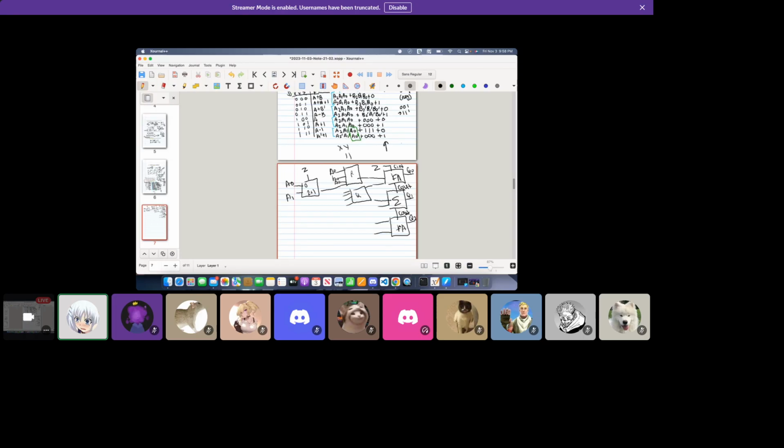So it will follow this part. But when Z is 1, it will take the value of A0 prime and feed that in instead. And then it's going to be the same type of thing for the rest.